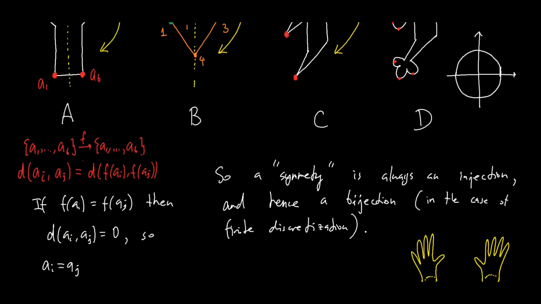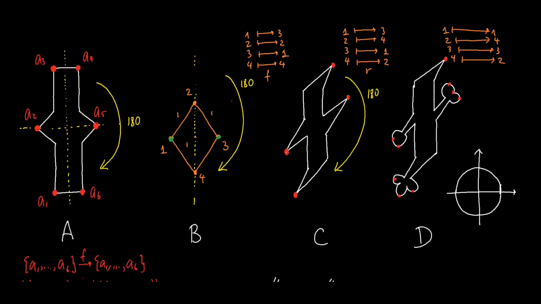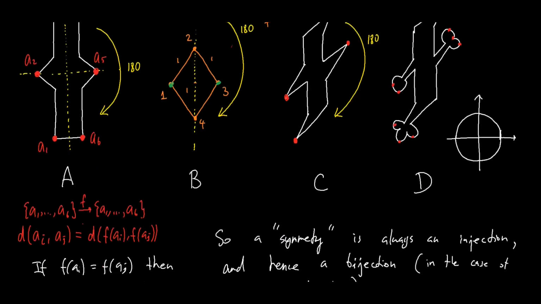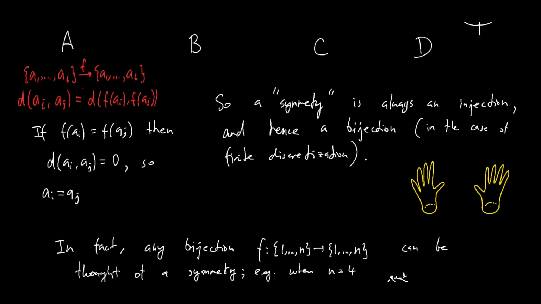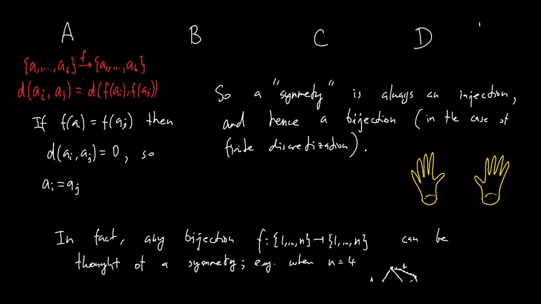Yes, absolutely. That's a very good point that you're making there. Here, symmetry refers specifically to preservation of distance, but distance might not be the structure you want to preserve. You might want to preserve another structure. For example, you might want to consider a linear map from a vector space to itself, which is a linear map that's a bijection.